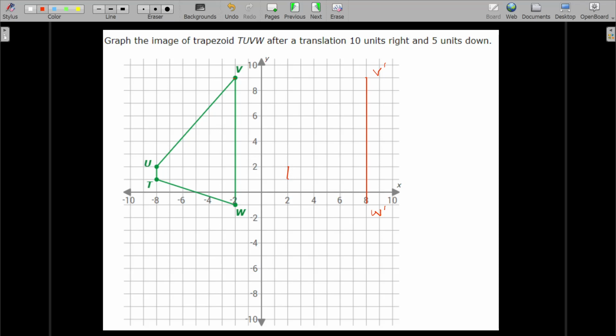So this is U dash T dash, and then we can simply connect U dash V dash and T dash W dash. And we forgot to move it 5 units down. So this is just the 10 units right part. Remember, we also have to shift it 5 units down.